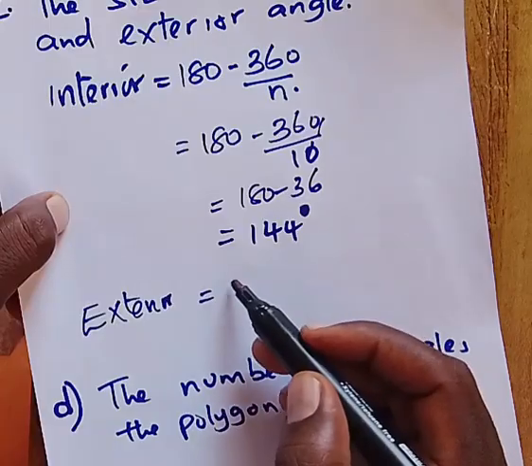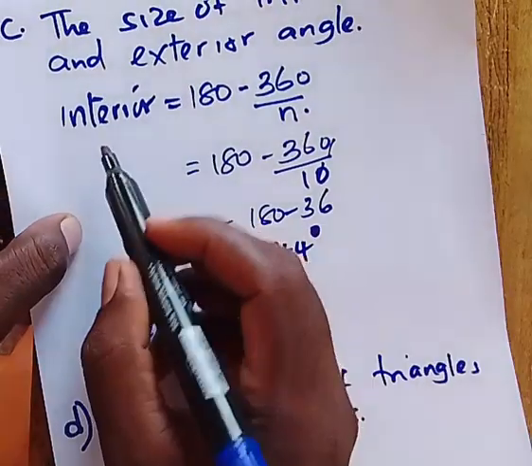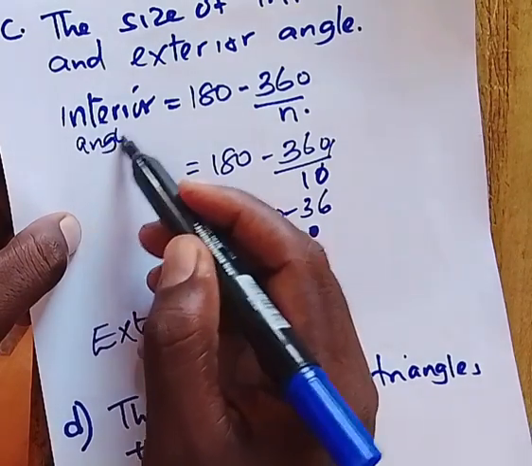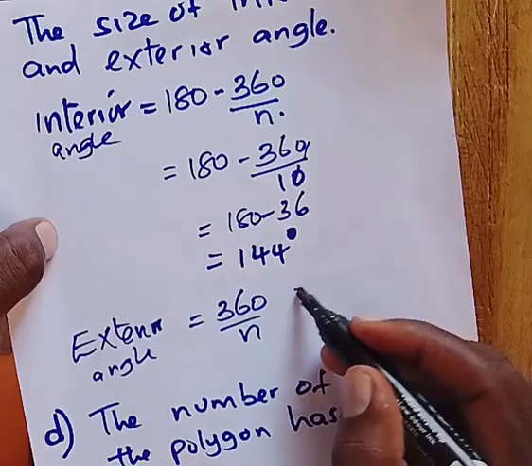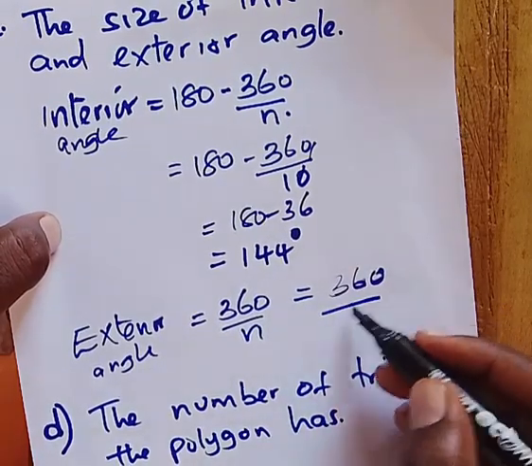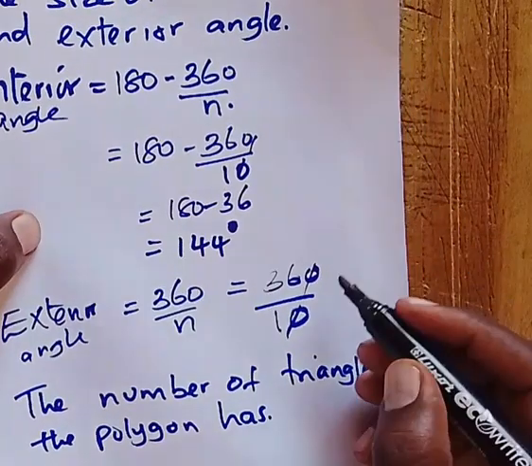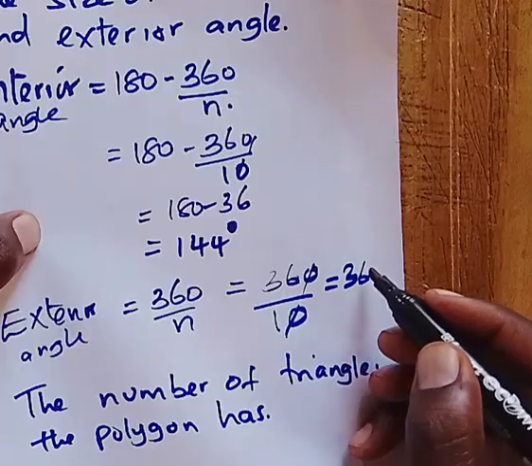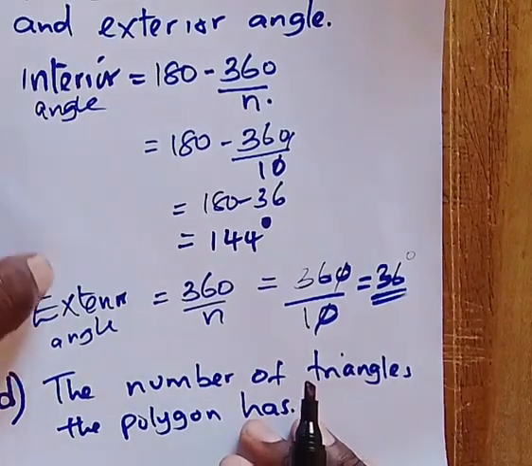The formula for finding the exterior angle is given by 360 over n, which is 360 divided by the 10 sides. And you get the exterior angle is just 36 degrees.